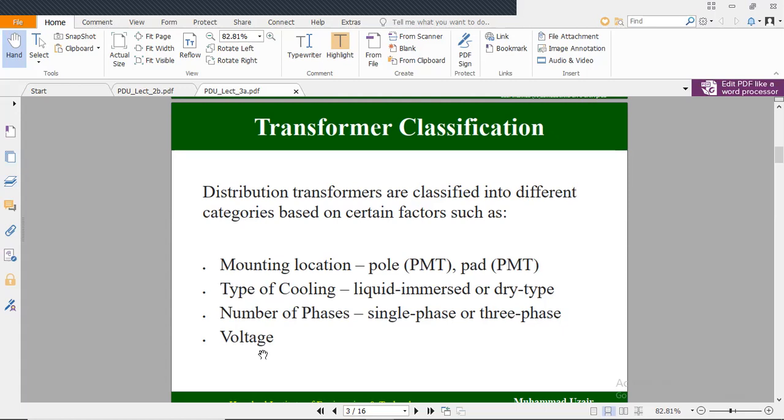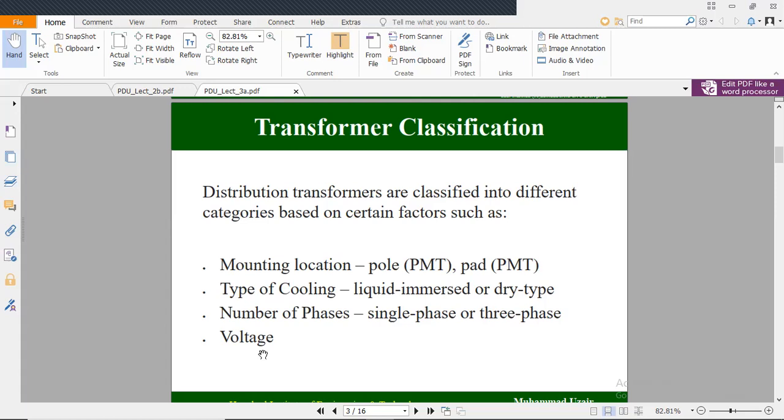We also know that the category of transformer is also based on the type of connection: delta to delta, delta to star, star to delta, and star to star. These are the four common categories of connection of distribution transformer. But there are two more, delta to zigzag and star to zigzag distribution transformer.